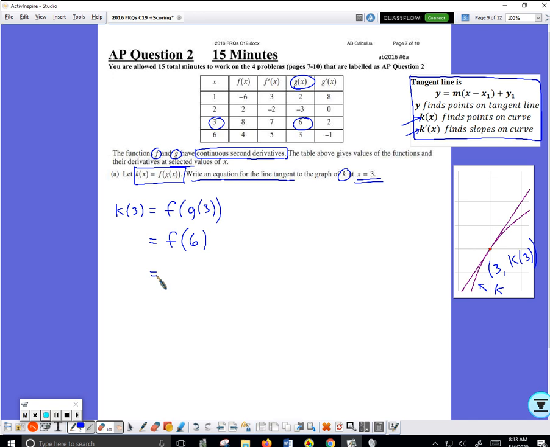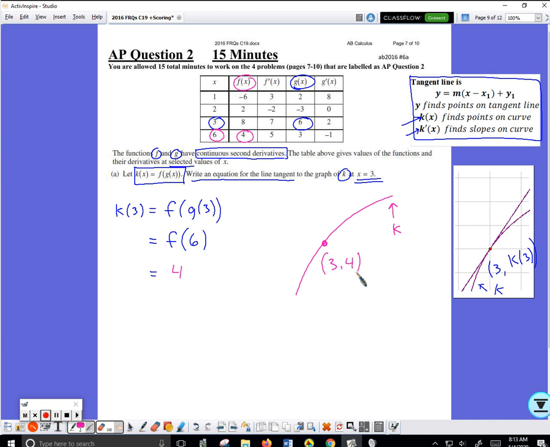And then f when x is 6 has a value of 4. So this is 4. So I've got my curve, which is k. Got a point on the curve at (3, 4). So good there.